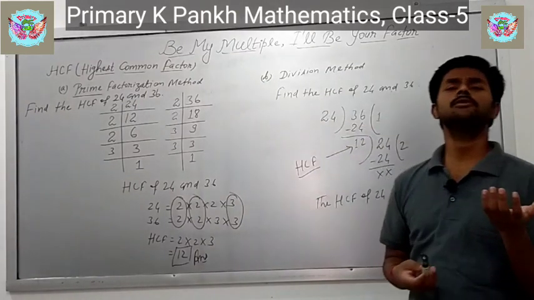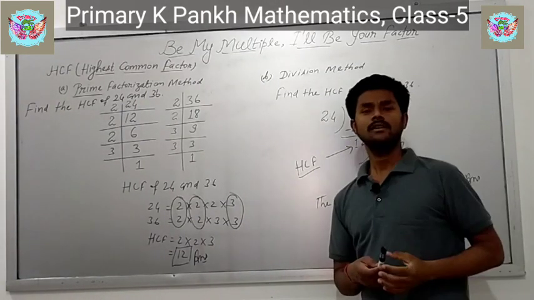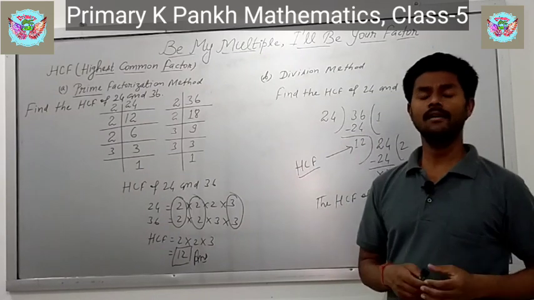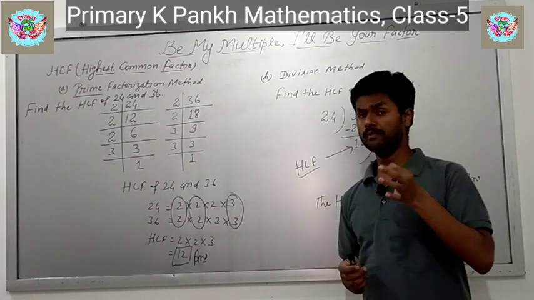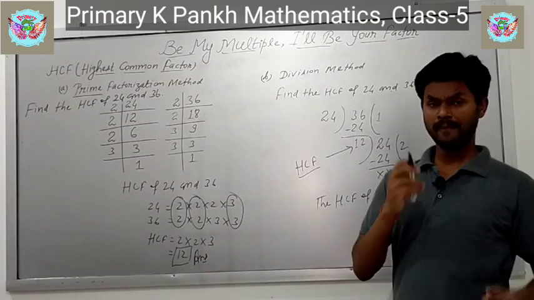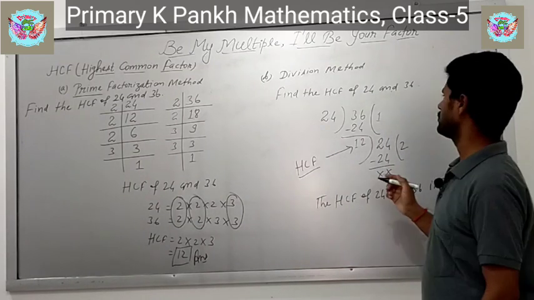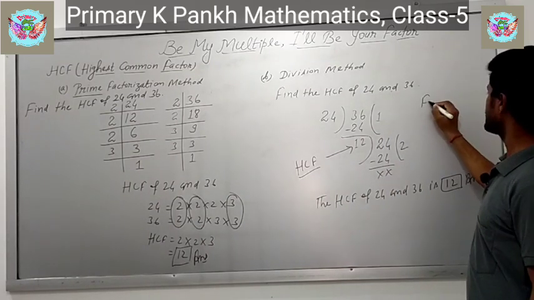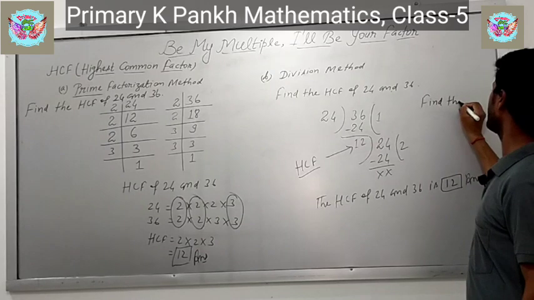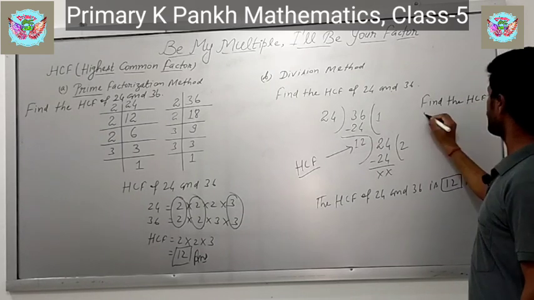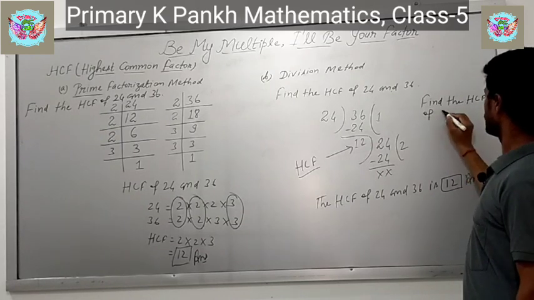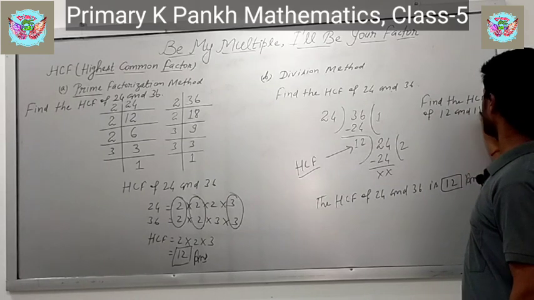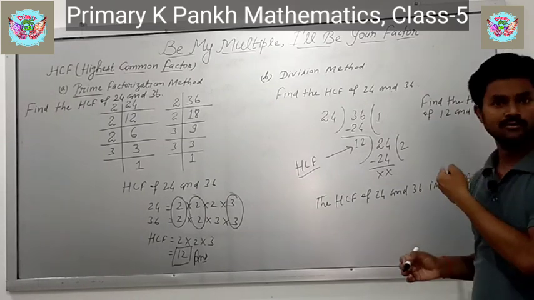Now I am going to give you one very simple question. So be ready, take your pen or pencil and find the HCF of 12 and 18. This question is for your classwork.